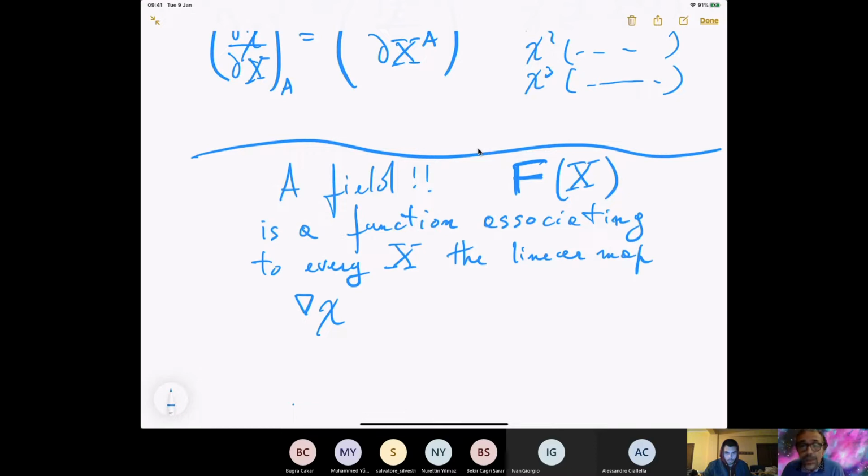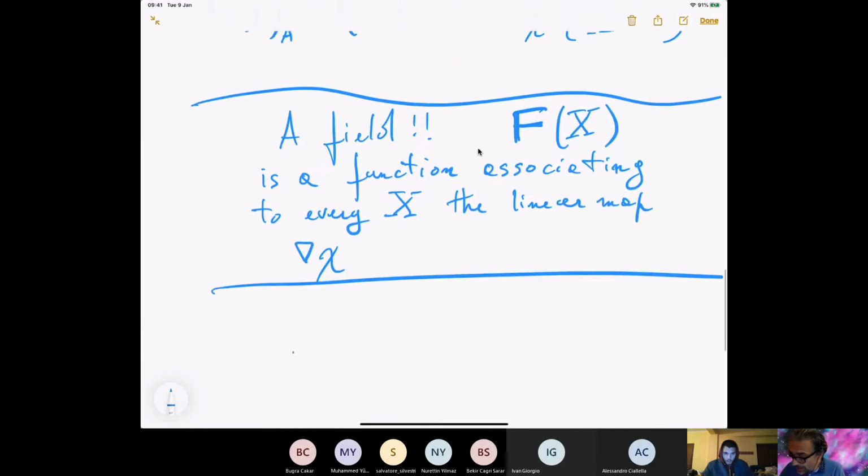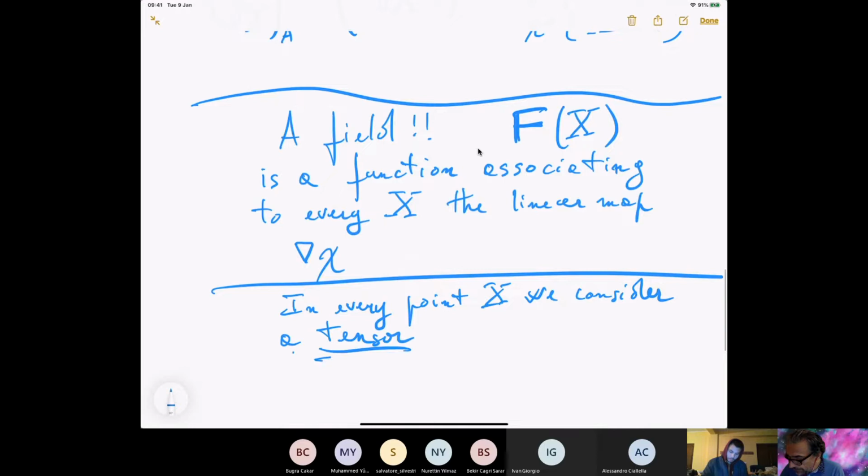So what do we have? We have a field of tensors. In every point capital X, we consider a tensor.